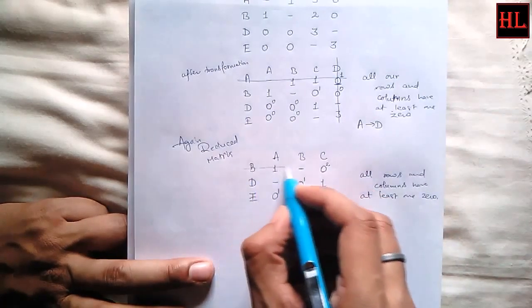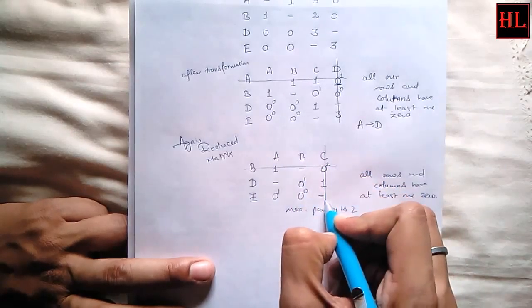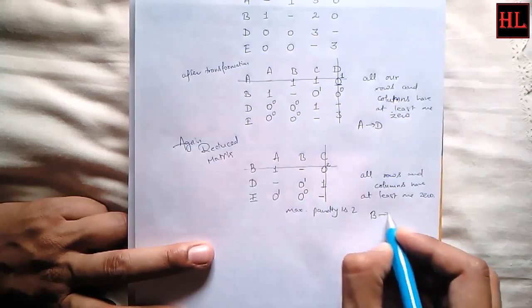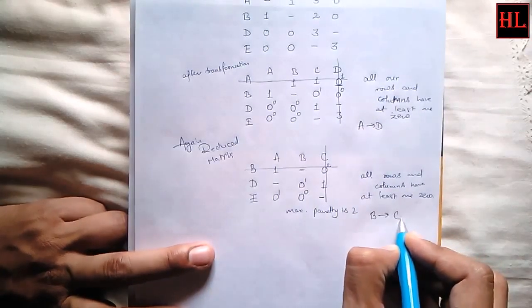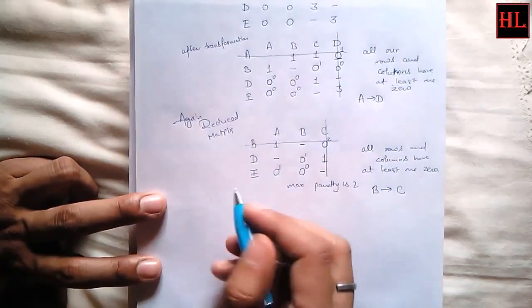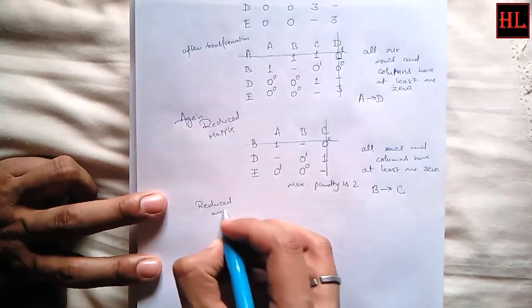So we'll strike off the row corresponding to B and the column corresponding to city C. So here we have made the assignment B to C. So again we need to write the reduced matrix.